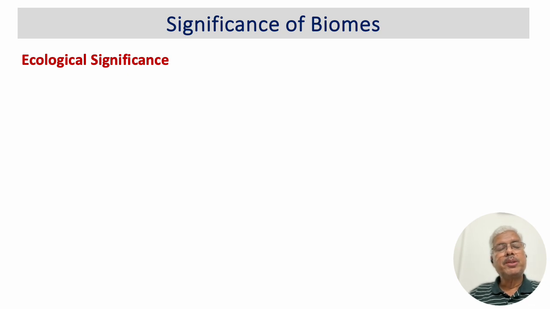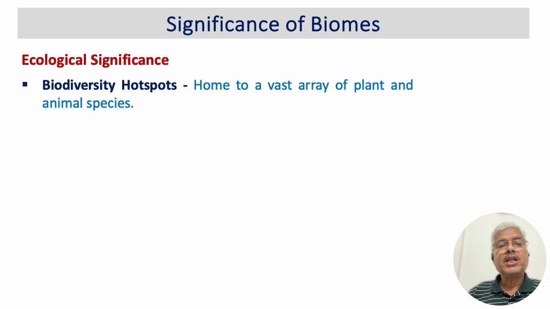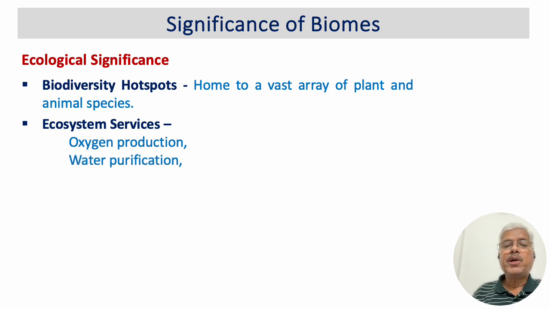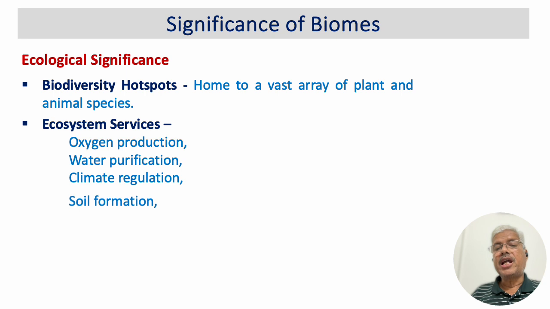Now, the significance of the biomes. The ecological significance includes biodiversity hotspots, ecosystem services, and habitats. Many biomes are home to a vast array of plant and animal species contributing to Earth's biodiversity. Biomes provide essential ecosystem services like oxygen production, water purification, climate regulation, soil formation, and nutrient cycling.